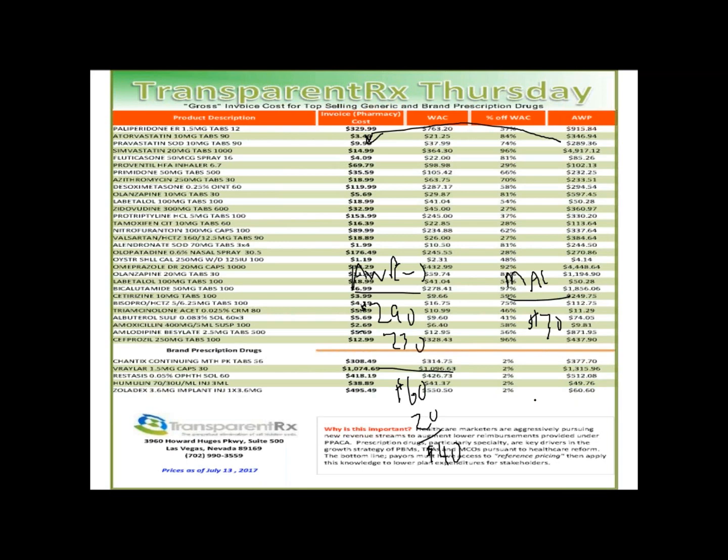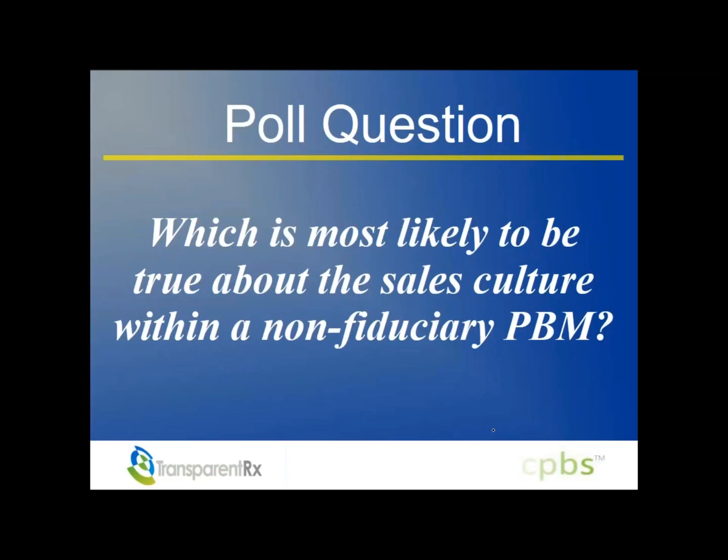It could be anything. The plan sponsor is still going to overpay by 10 bucks.